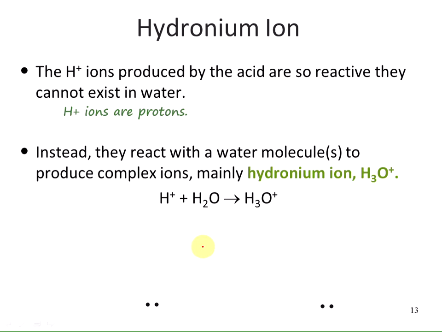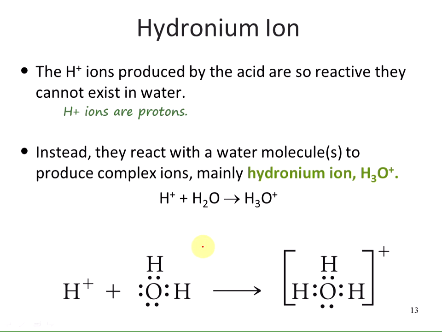They're going to grab a water, and that's why we write the hydronium ion. This is an example of that proton adding to the water molecules to form the hydronium ion. Now in reality, many more waters associate with the proton, but for simplicity's sake, we only show one of those waters binding to the protons.